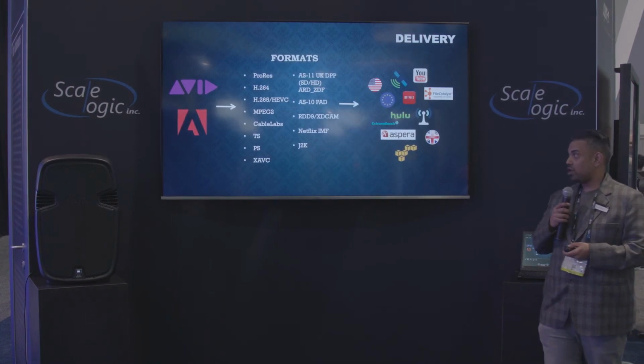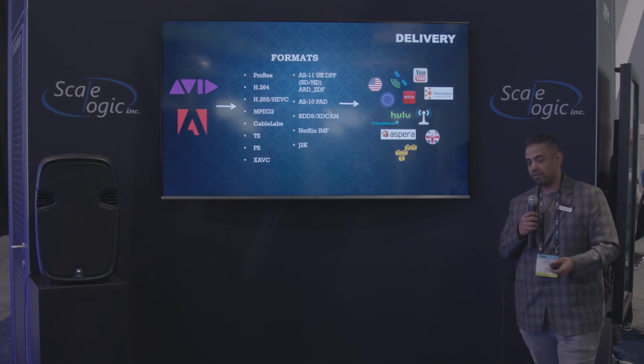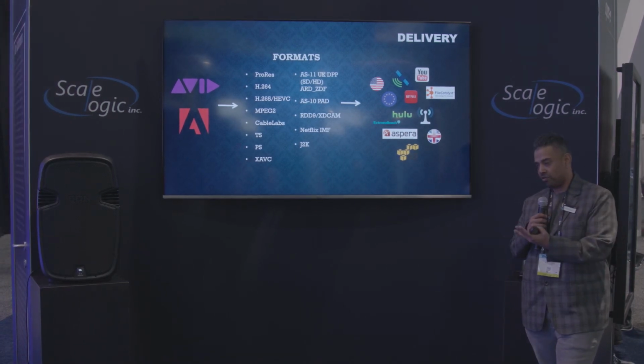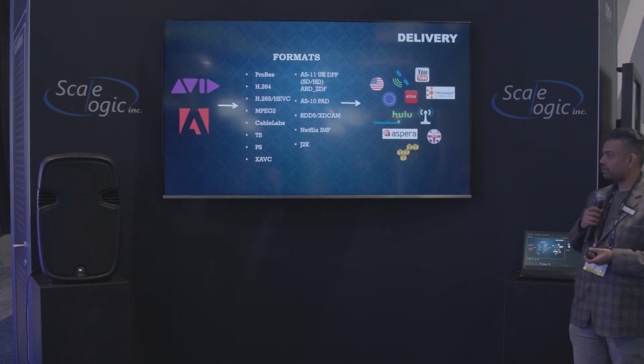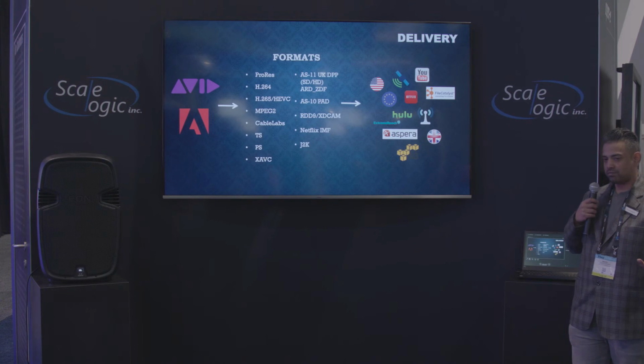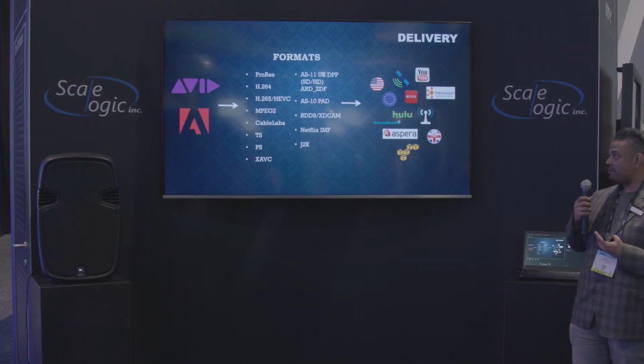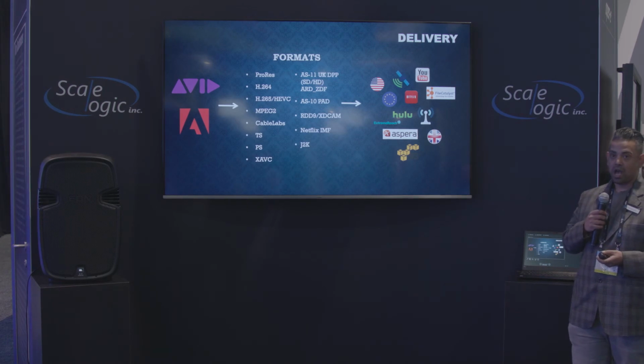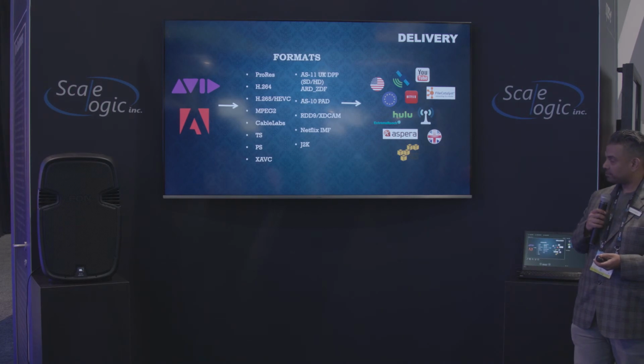And then coming out of your Adobe or your Avid, as I mentioned, there's tons of formats. So you have your ingest formats, but then you have people asking for all these different things on output. So formats like ProRes, you want to be able to mux it into transport streams, deliver IMFs, deliver XDCAMs, but having the flexibility to do that whenever a customer requests something strange is really important.